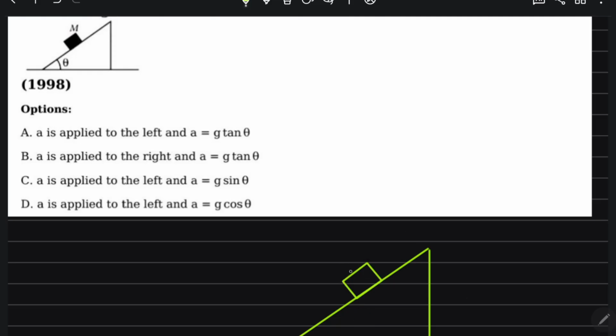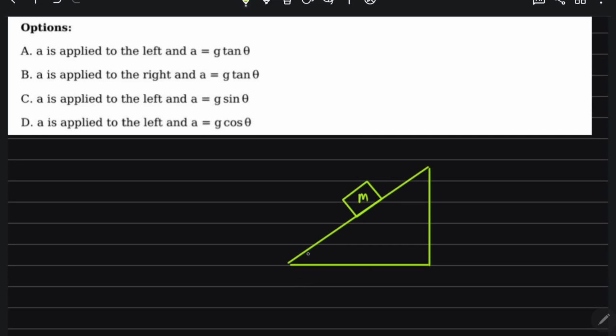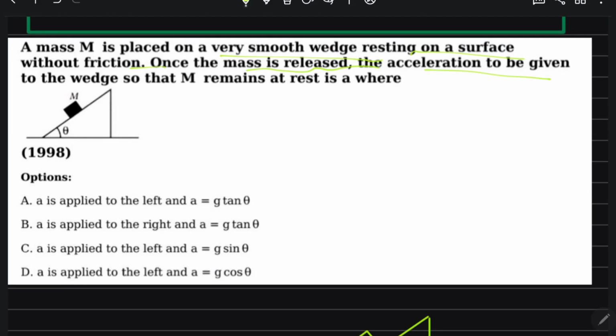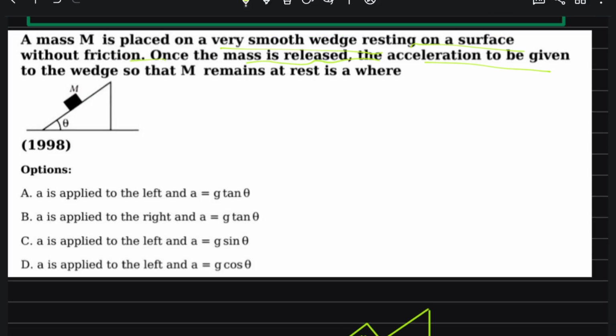This is capital M, this angle is theta, right? So what would happen? A mass m is placed on a very smooth wedge resting on a surface without friction.